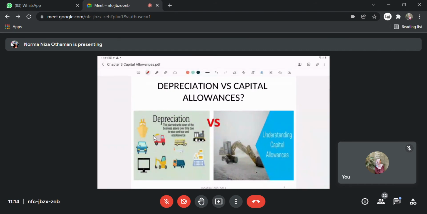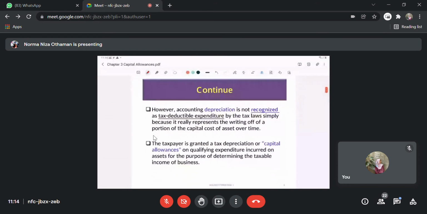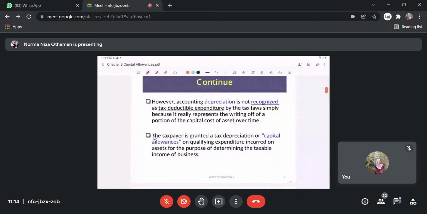They are replacing the depreciation. Okay. So kat sini jugalah dia mention lah depreciation is not recognized as tax deductible. So dia kata the taxpayer is grant to the tax depreciation. Okay, so kita tak panggil lah tax depreciation, dia ada nama dia sendiri which is capital allowances. Right.